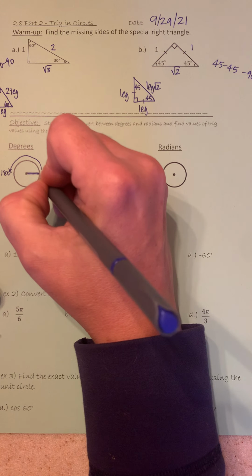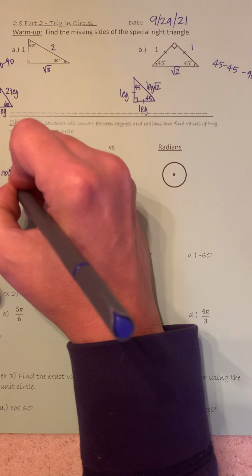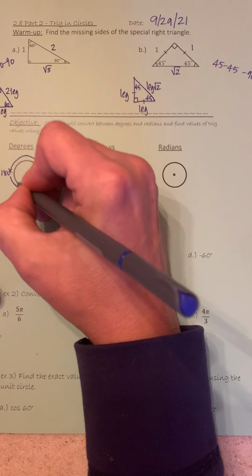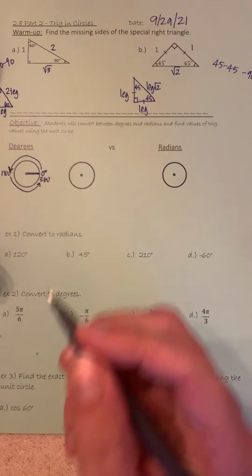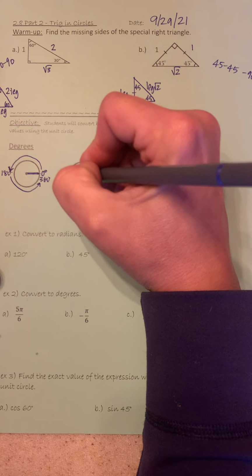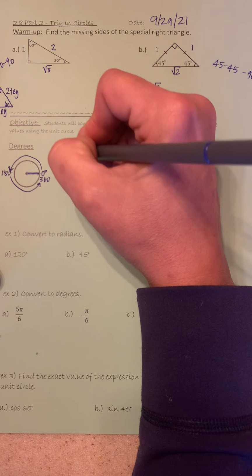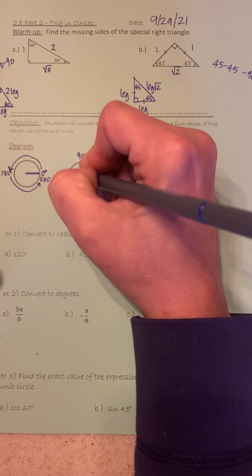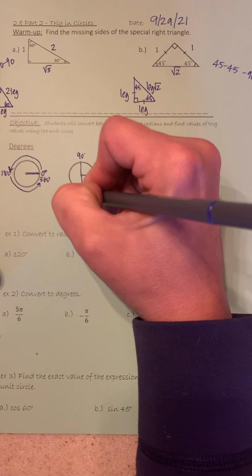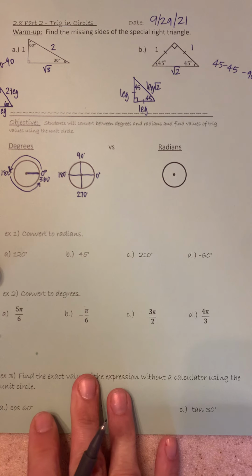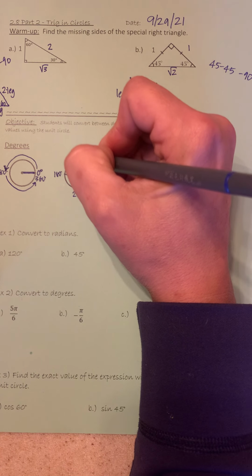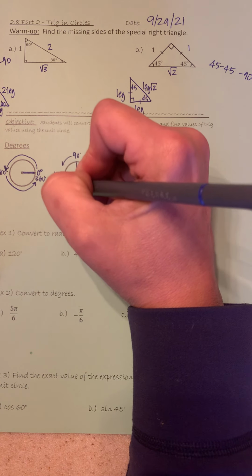And then all the way around would be 360 if I kept going. So we go counterclockwise. Some other important points would be, if this is 0, this would be 90. And another one would be 270. Those are some key points. Again, we always go counterclockwise.